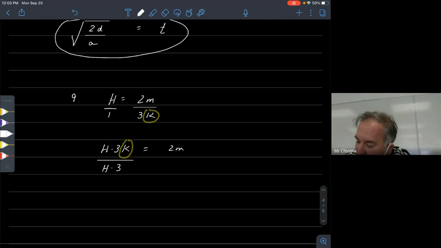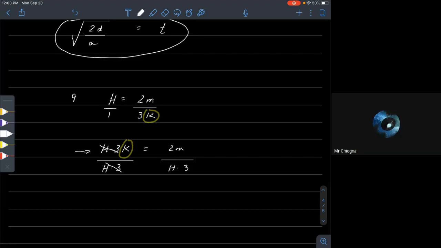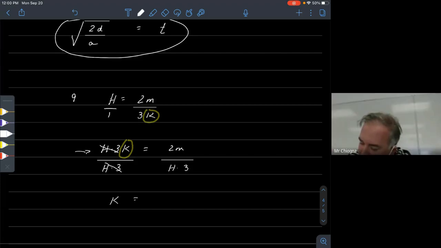Whatever you do on the left, you have to do on the right. It cancels out here. I could have done this one step at a time. You get K is equal to 2m divided by H times 3.